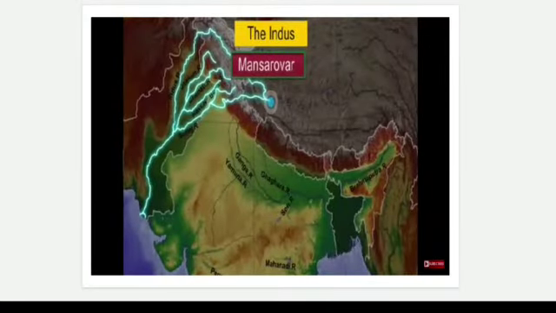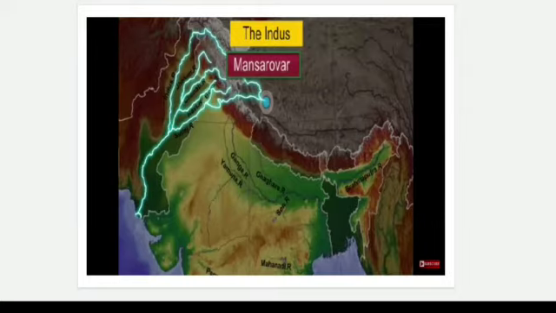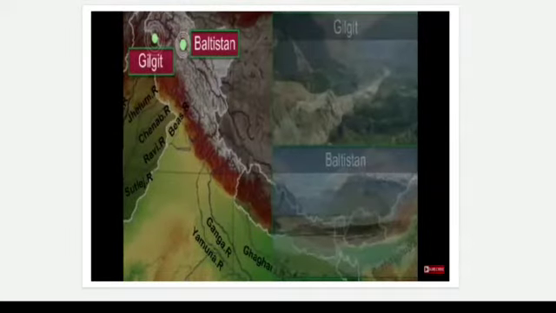Here you can see the location of Mansarovar Lake, and you can see Brahmaputra River, and Indus River is moving towards west in Ladakh. Here many tributaries join it, that is the Zaskar, the Nubra, the Shyok and the Hunza.